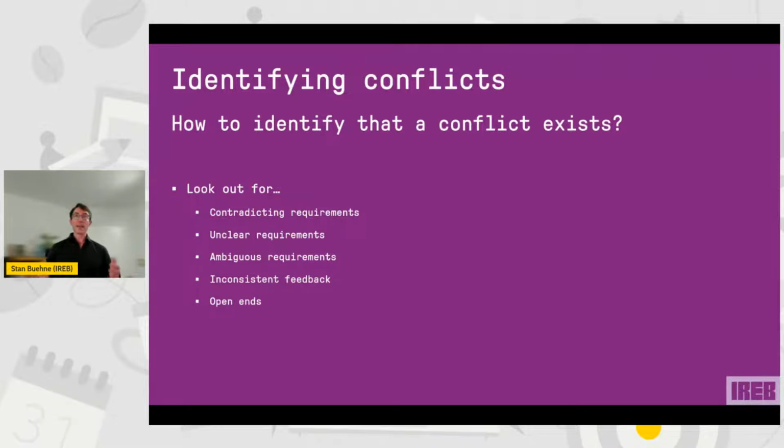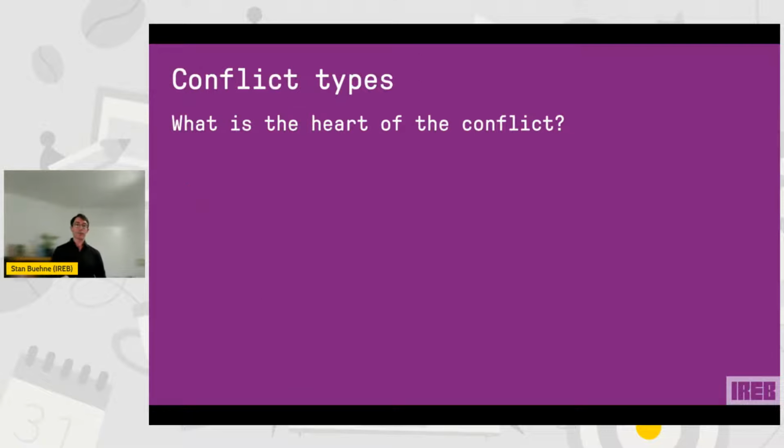Open ends means if you have some missing requirements, something that's not clear from the process beginning to the process end, if there's something missing in between, these are all potentials for conflicts, because sometimes people just don't tell you the whole story to try to get their requirements through, because they know that there might be a conflict with another department, and so on and so on.